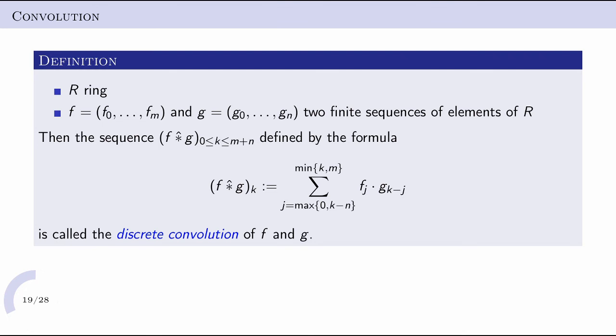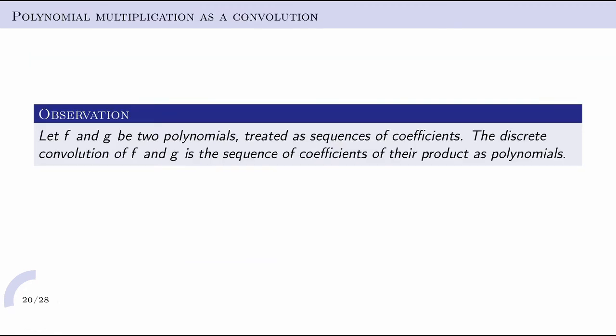And if you look at this formula, you see that this is nothing else but the formula we used to compute the product of two polynomials. So the formula here is just the formula of a product of two polynomials.